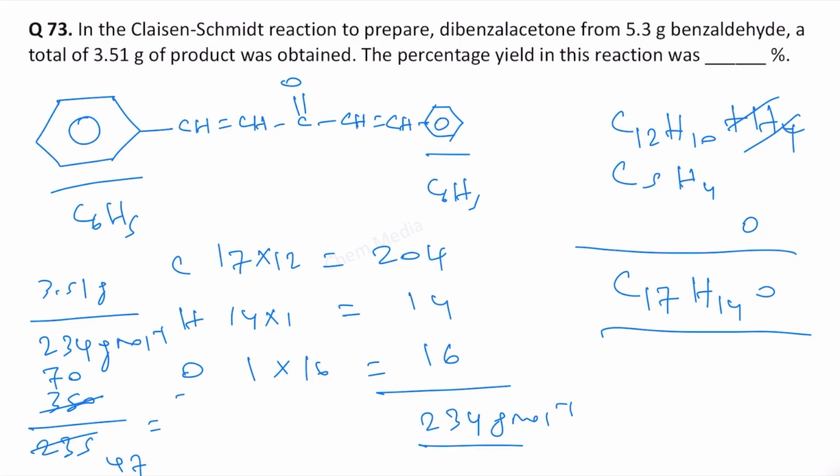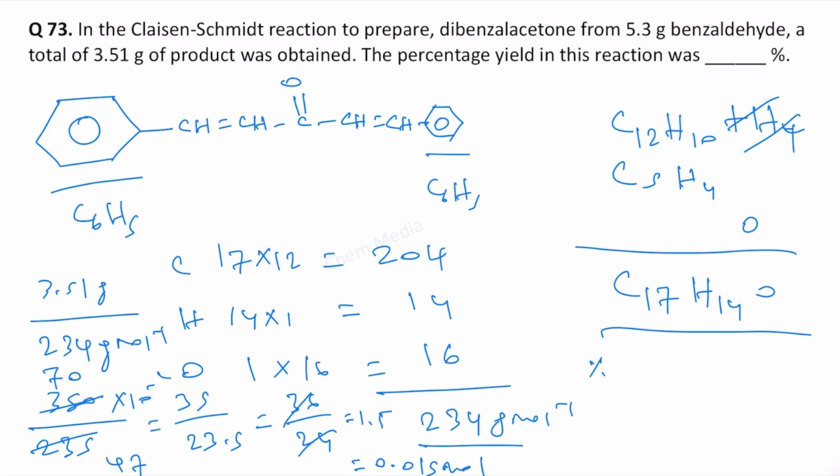Therefore we can further divide this, and that would be 35 divided by 23.5, which I am writing as 36 divided by 24. So this is equal to 1.5, and we have 10 to the power minus 2 here. Therefore this is equal to 0.015 moles. So that's the actual yield.